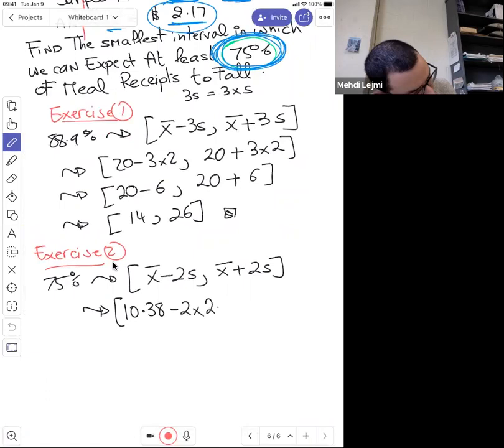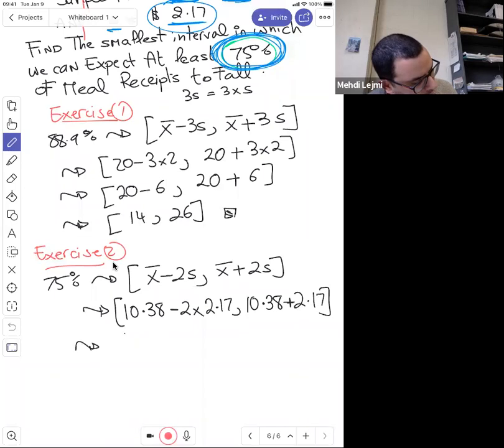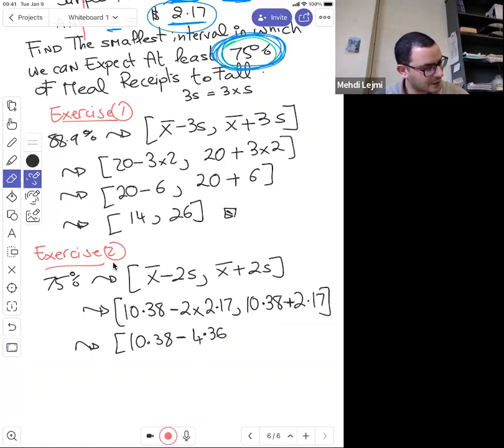Now for the upper bound, we have 10.38 plus 2.17. So of course, we multiply first. So it's 10.38 minus, so 2 times 2.17, that's 4.34.